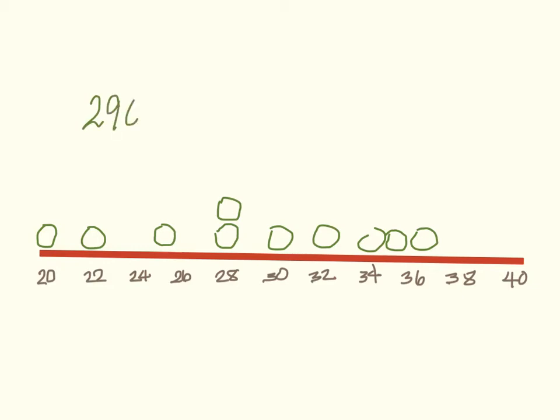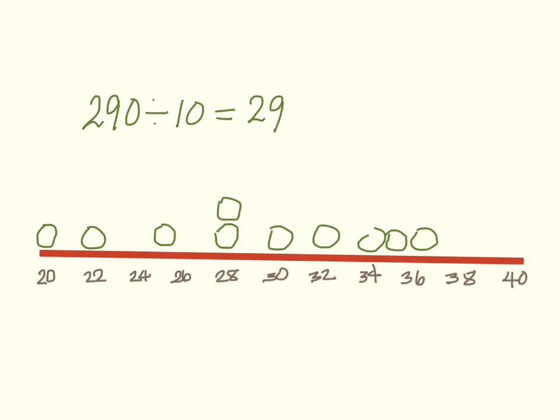Isn't that nice? I did it for you. All right, so that's my sum. Count up the numbers. There are 10 of them. I'm going to divide by 10. That's pretty easy. Better not need a calculator for that one. And so I say, yep, the mean is 29.